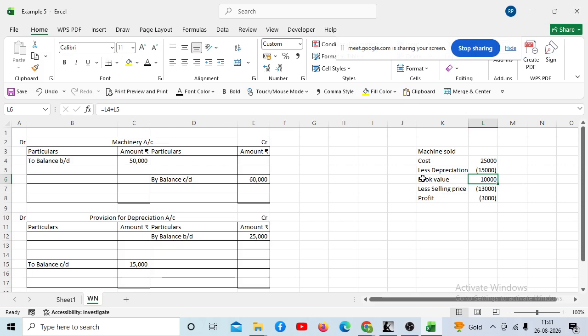And it is sold for 13,000. So just write here less selling price 13,000. So what will be the balance? 3,000.